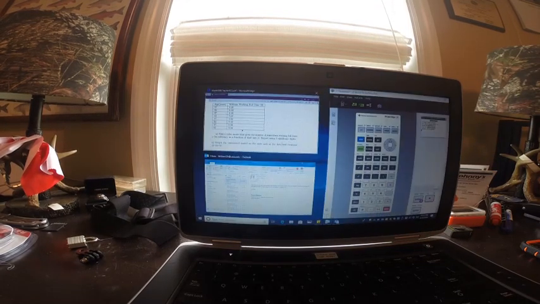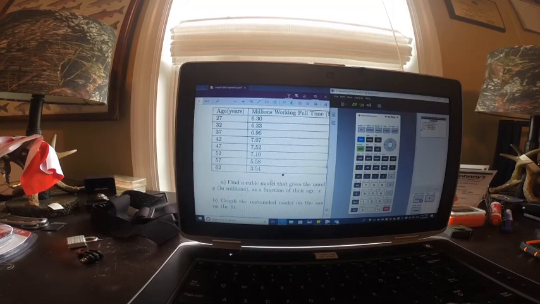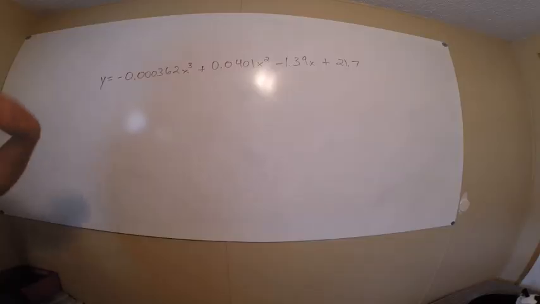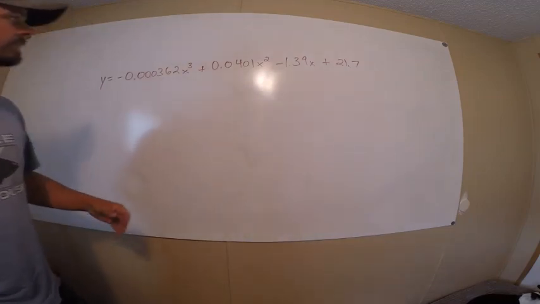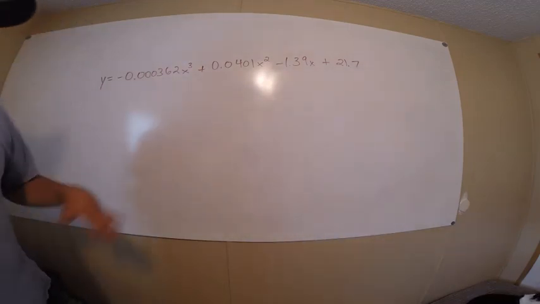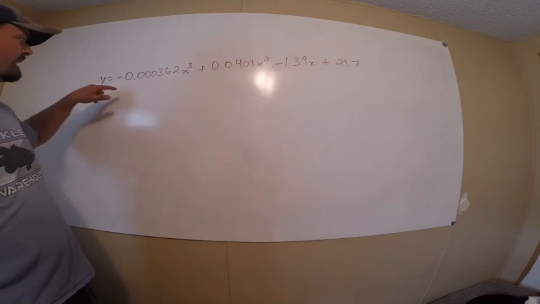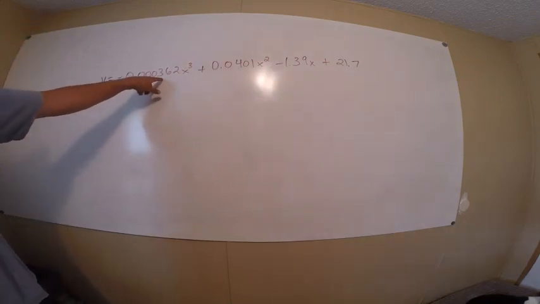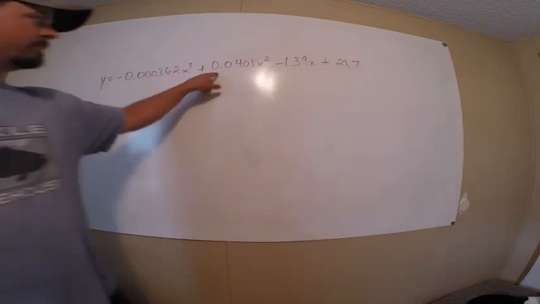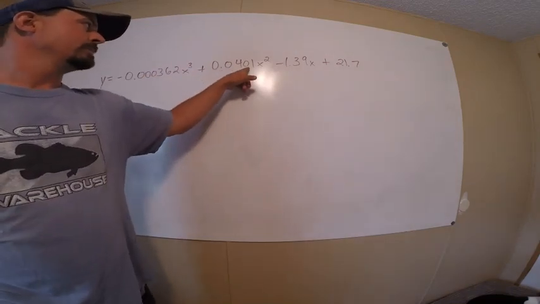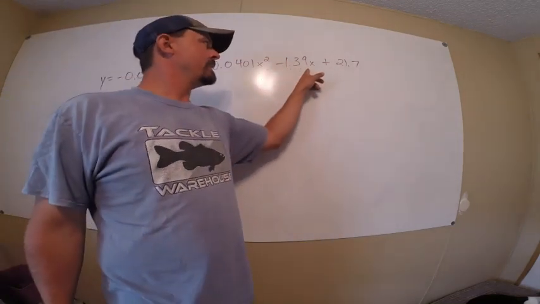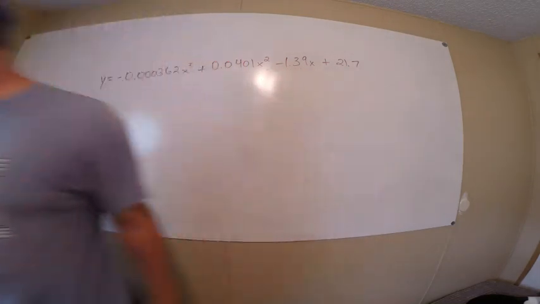Let's go ahead and write out this cubic model right here. I'm going to do the best I can for you to write it out. So if we took it from the calculator, wrote it on the board, because that was a little easier than writing it on the paper with the tools that I have. You get y equals -0.000362x to the third plus 0.0401x squared minus 1.39x plus 21.7.